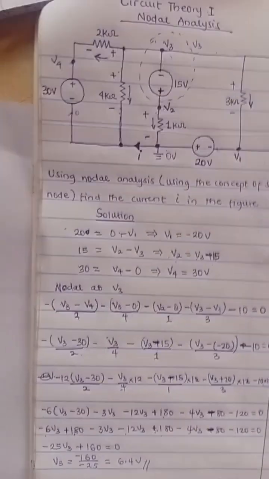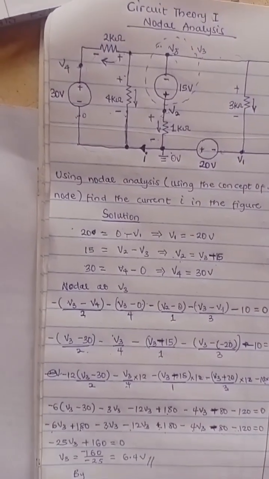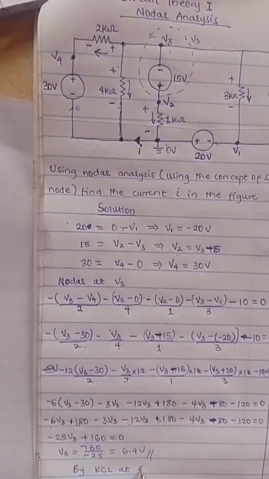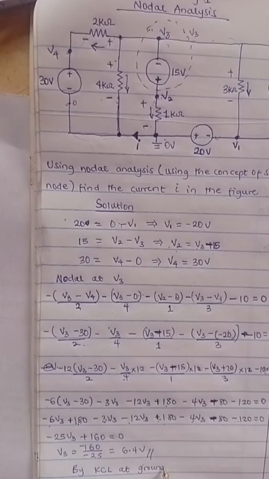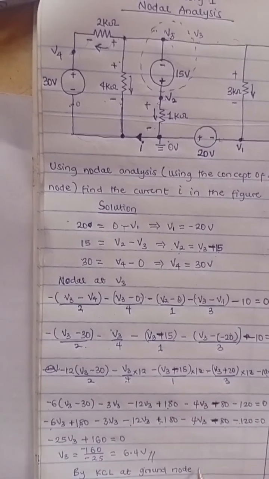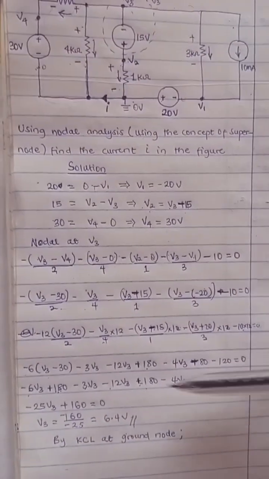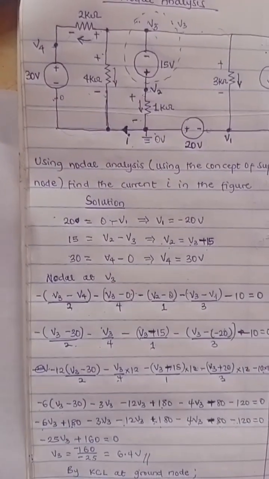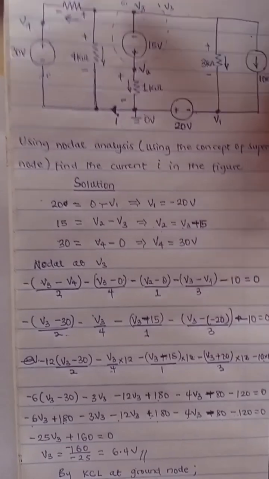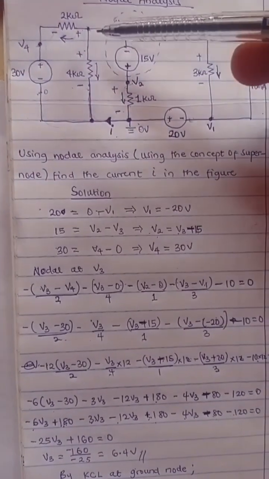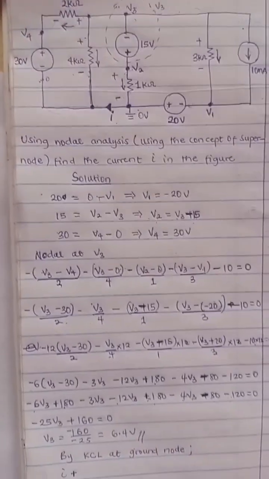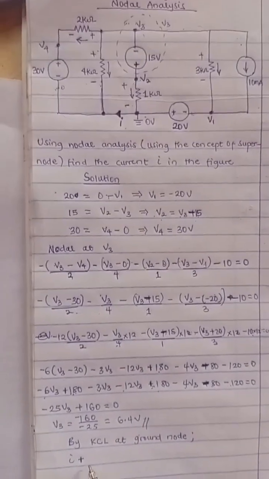So if you apply KCL at the ground node, this current is entering, that's positive, that will be I. Then the other current from this place is also entering, so that will be positive as well.